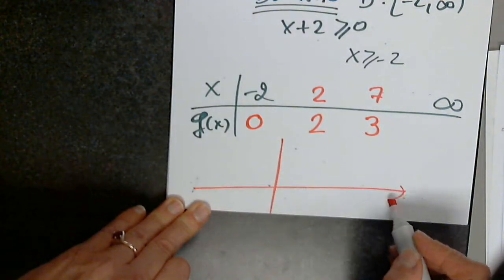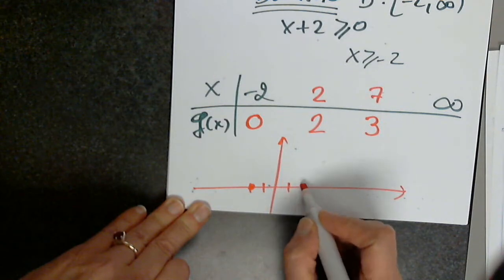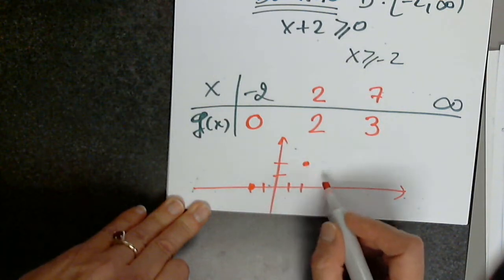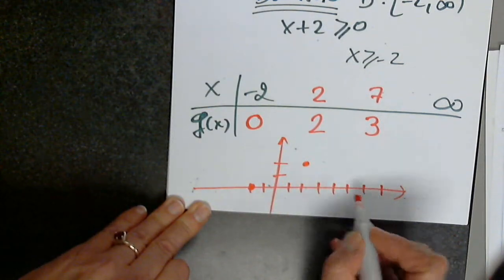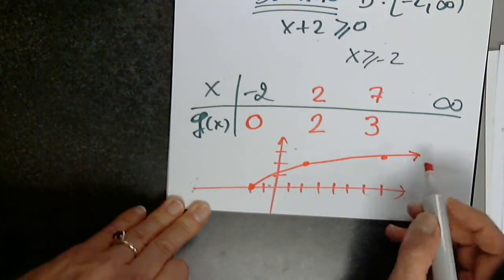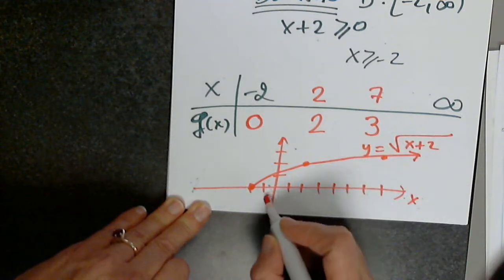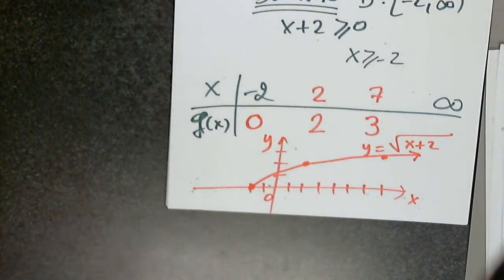Here's my graph and I will ask you about the range. Here's -2, 2, 3, 4, 5, 6, 7. We know this graph. We've seen it before. So this is square root of x plus 2, or y equals, or f of x, whatever you want to write. And I will also ask you about the range of this graph.